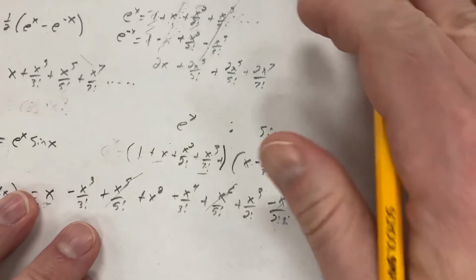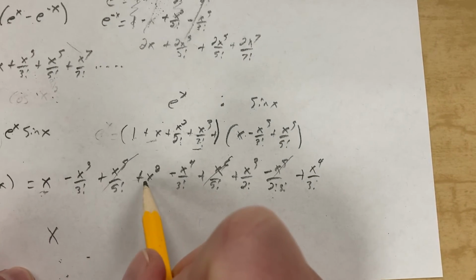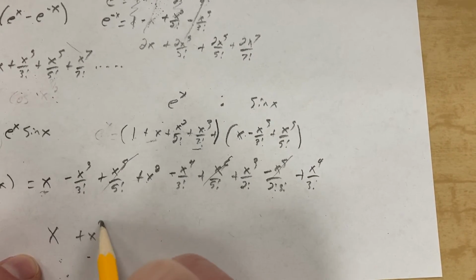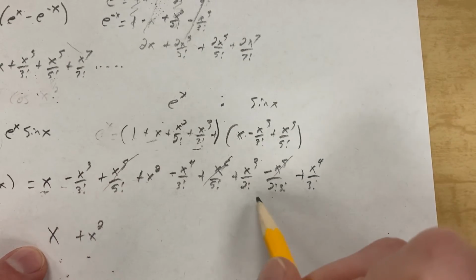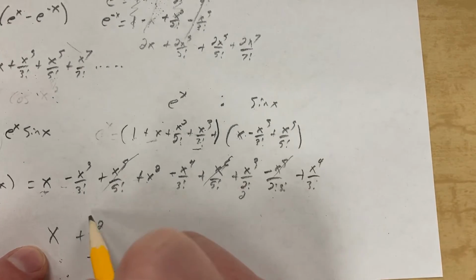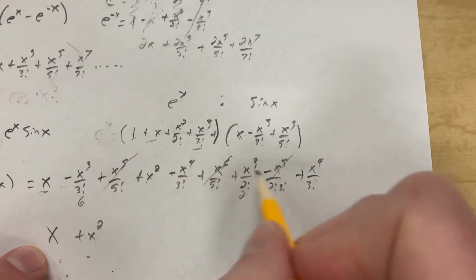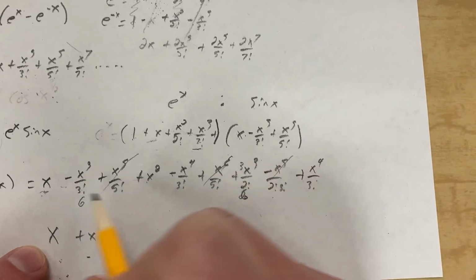So now I'm ready to kind of look here and see what I've got. I've got x, we've got x squared, we've got negative x to the 3rd plus x to the 3rd, but they're different denominators. This is 2 and this is 6. So if I were to make this a 6 as well, I'd have 3 of these minus 1 of them.